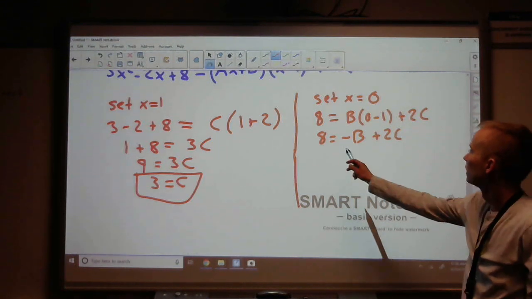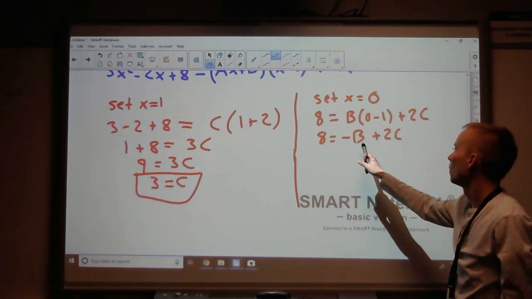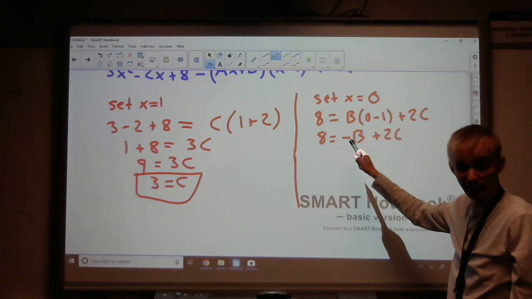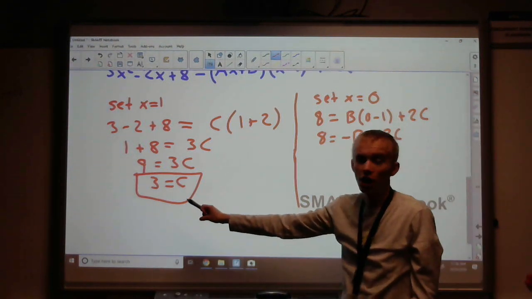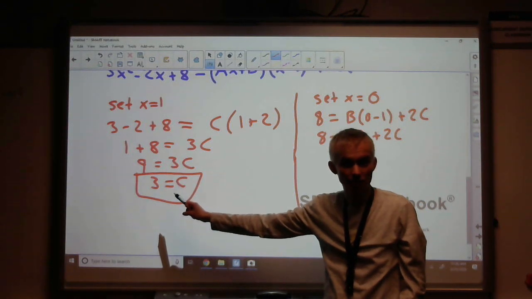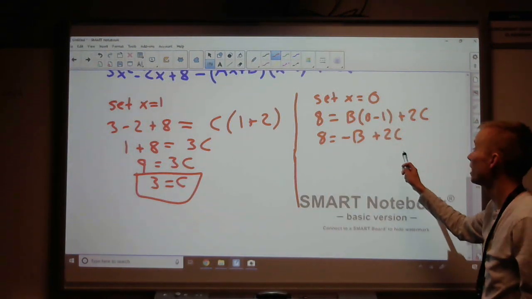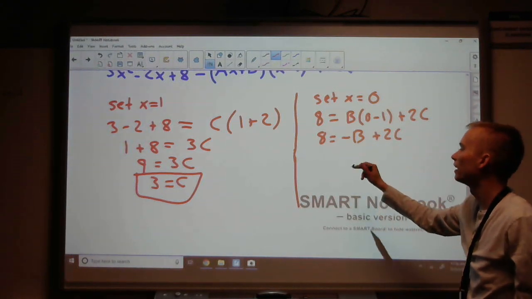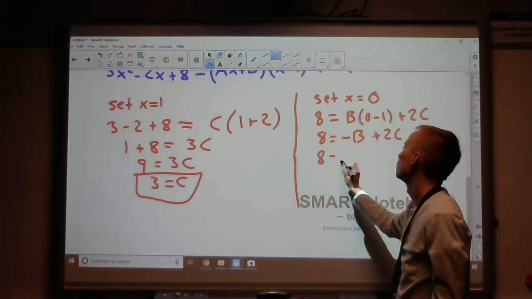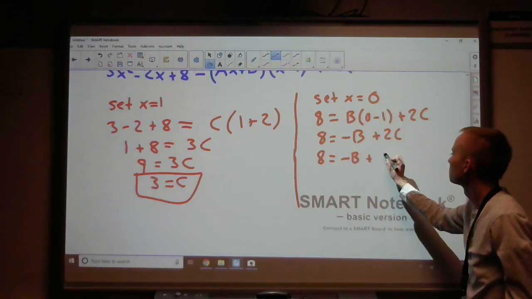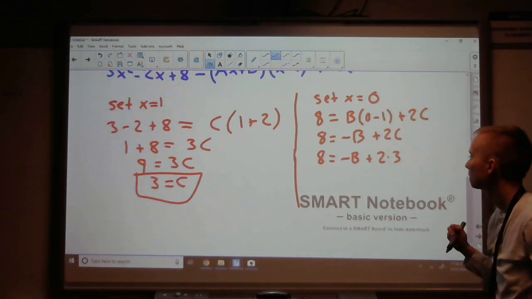Because this now has 2 variables in it instead of 3. I already know what c is, so I can plug c into this equation and I'll only have b left over. So I put c in, so I get 2 times 3.